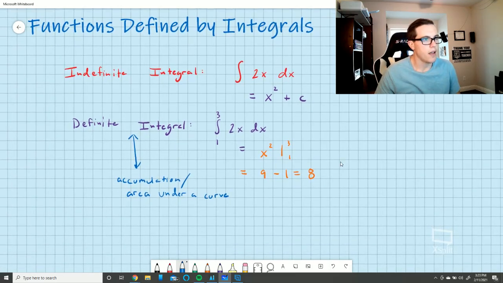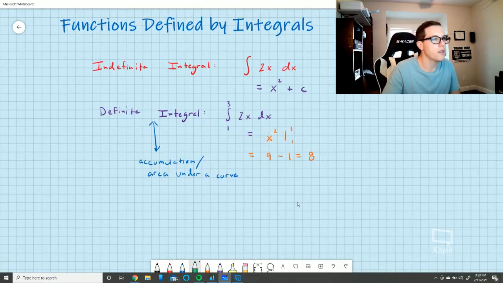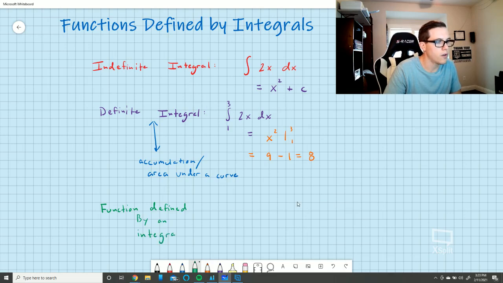Okay, so now we're going to introduce a new idea. It's called a function defined by an integral. And here's how it works.